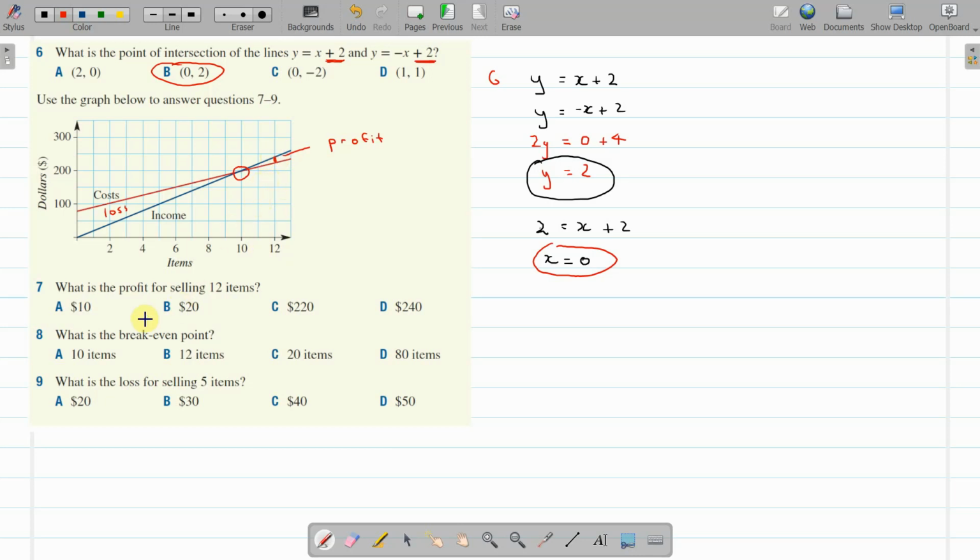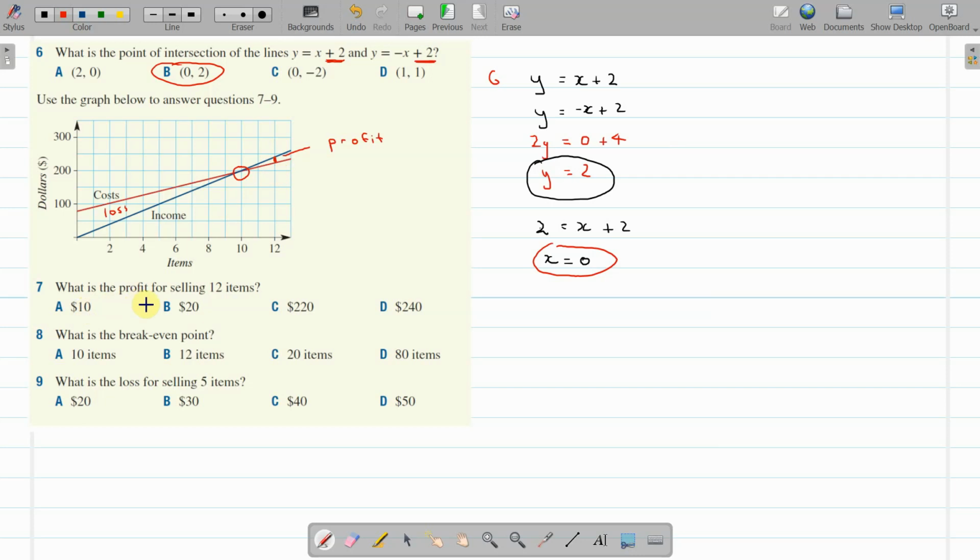Going by the options it's given us, it's a bit hard to be exact. That's 200 there, that's 250, so the profit is somewhere less than 50, because the difference between the red line and the blue one is the profit.